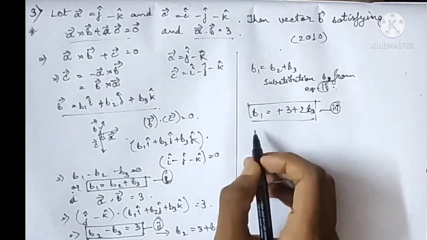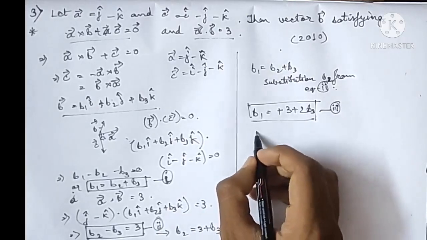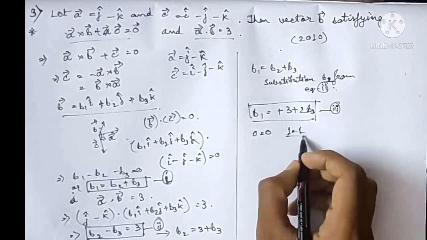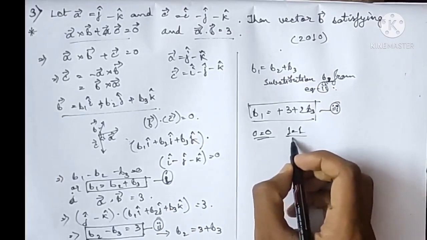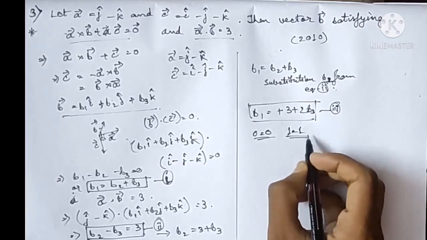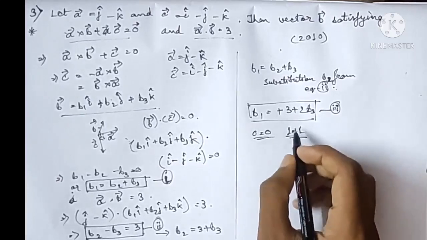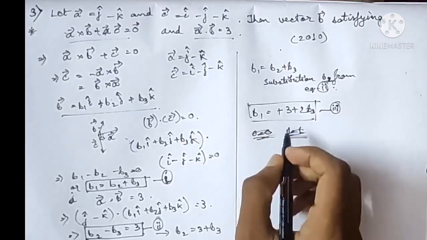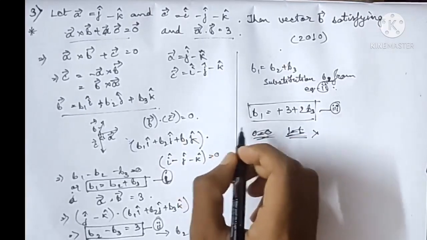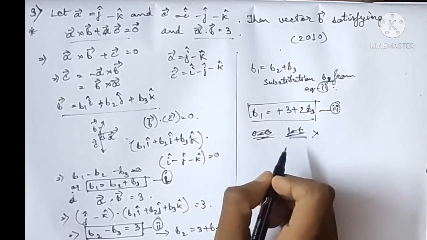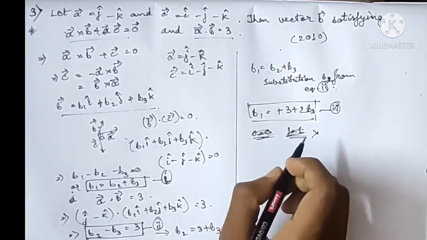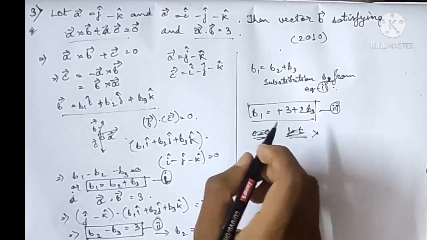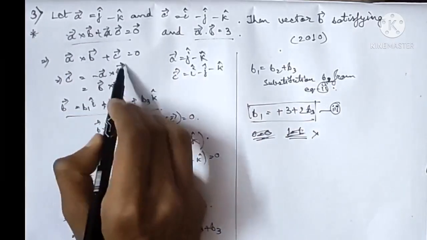That would give us, suppose, 0 equal to 0, or 1 is equal to 1, or some such things which are always true. That would not contain any variables, that would cancel the variables. This happens in most of the cases, so we will not do these things. Okay, so we will do something else. So here, we will use this equation, this one.